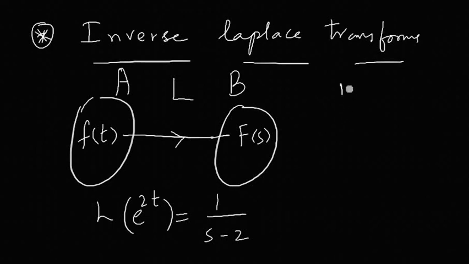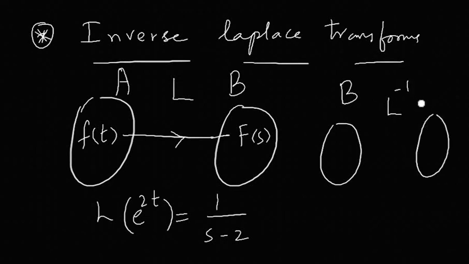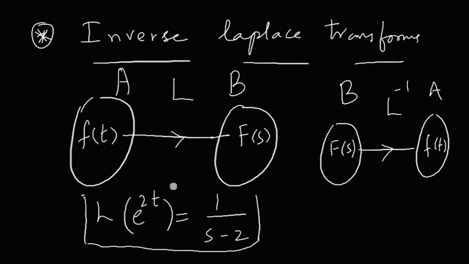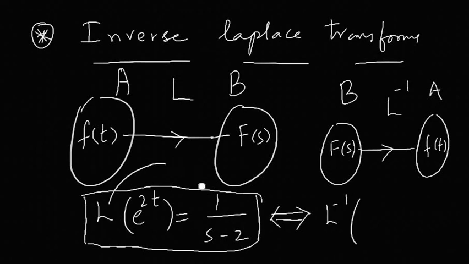So what happens is that the inverse L will be from B to A, where it will take the input as f of s and give the output as f of t. This particular expression, we are going to take as equivalent to L inverse of 1 by s minus 2, where I am taking this L on the right hand side.